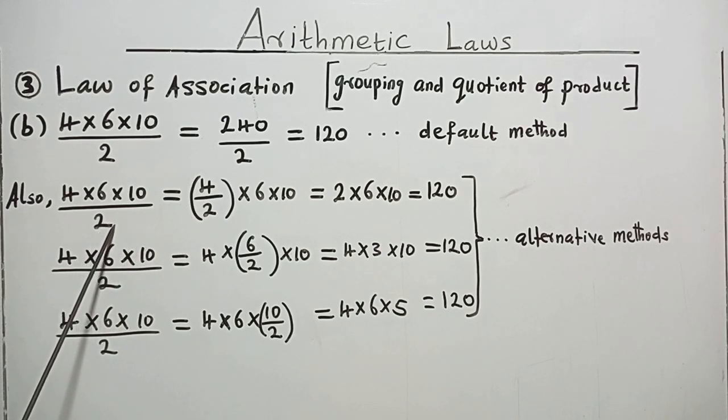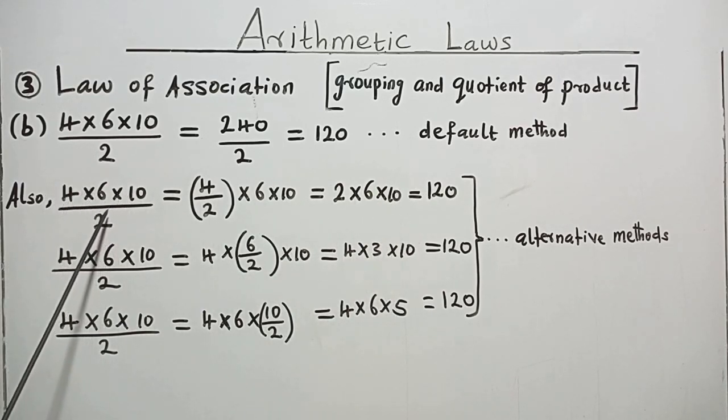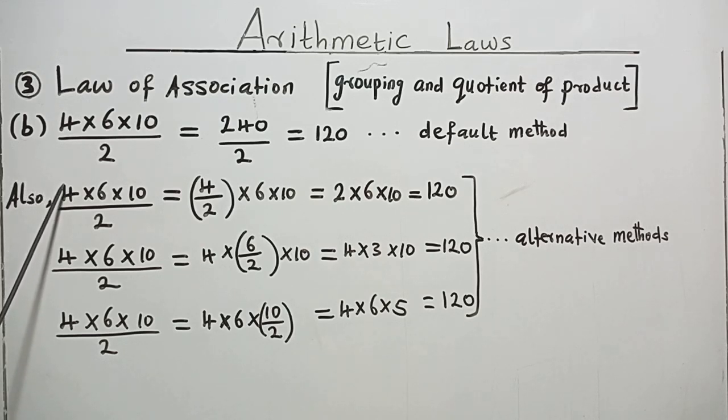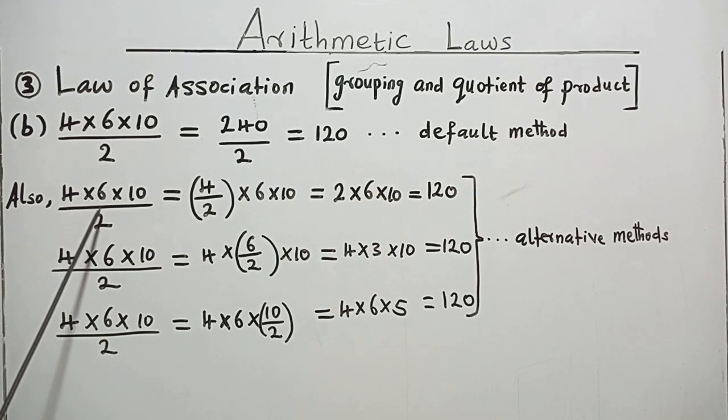2 is a single divisor. Let us try to get the same 120 by starting to divide any of these numbers by 2 and multiplying the result by the remaining numbers in the dividend. I can choose to divide 4 by 2, or 6 by 2, or 10 by 2.